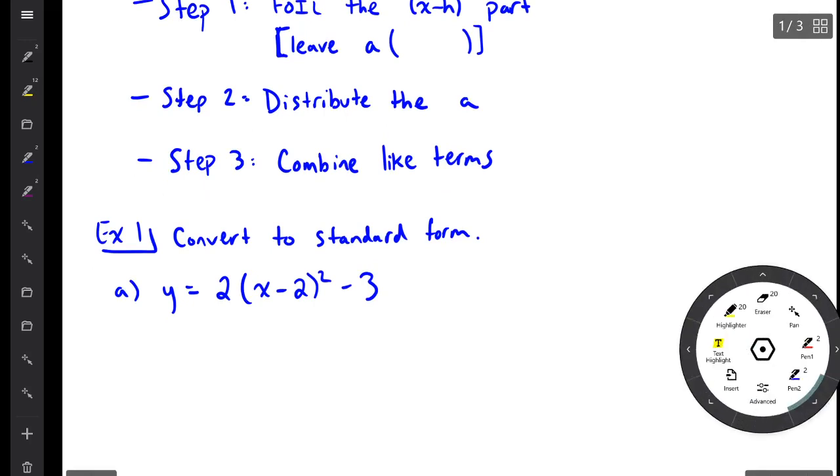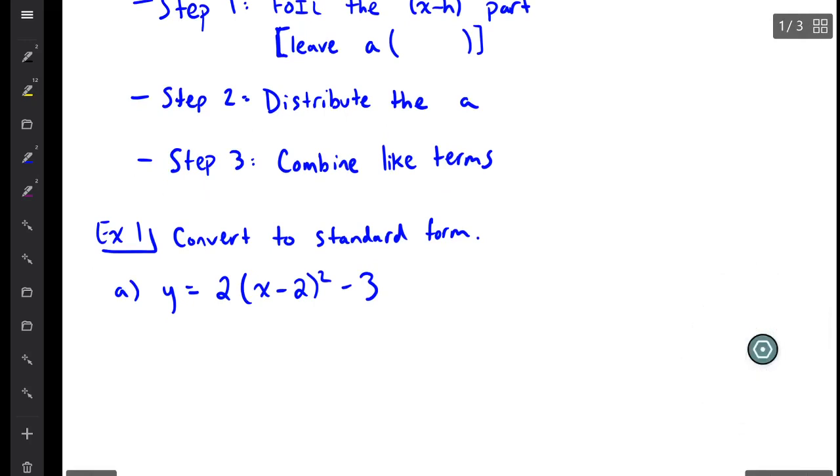So step 1, we said, was to FOIL just this part. So when I write this, I'm going to still write my a, my 2, but then I'm going to change (x minus 2) squared to look something like this. Parentheses x minus 2, parentheses x minus 2. Notice that I put a big parentheses. That way I can make sure to distribute the 2.